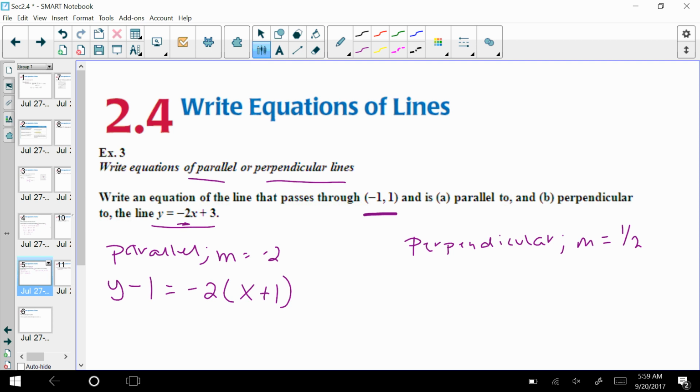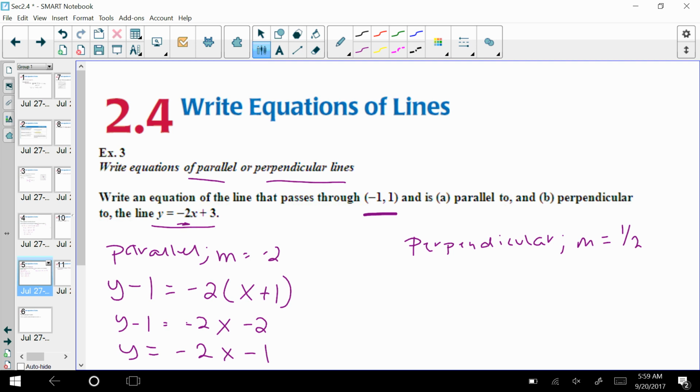Then again, we can use algebra now to solve. y minus 1 equals -2x minus 2. Add 1 to both sides. And here's our equation of a line that's parallel.